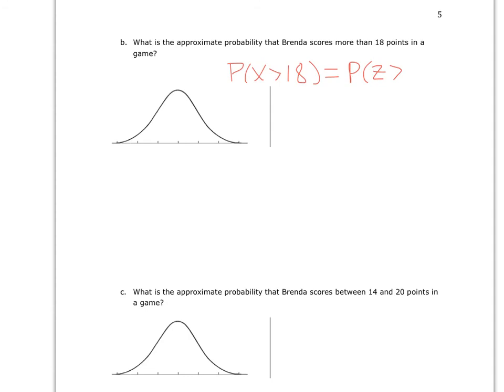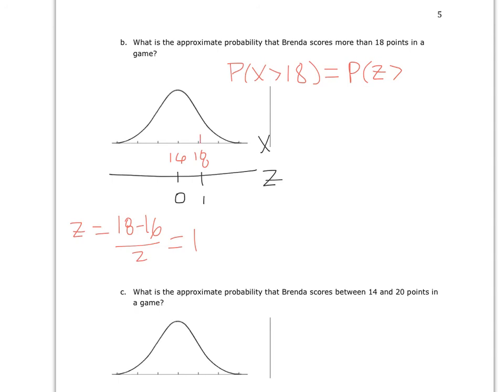Looking at the density curve, for x we have it centered at 16, and for z we have it centered at 0. Let's calculate the z-score for 18. 18 minus 16 over 2 gives us a z-score of 1. So we can put that on the density curve.